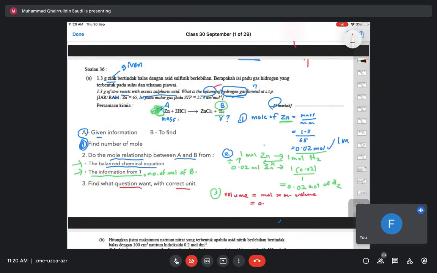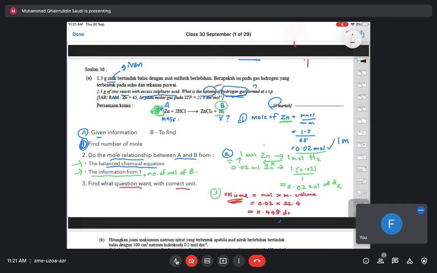Mole is 0.02 times molar volume at STP, 22.4. So our answer is 0.448. 0.448 what? Volume?